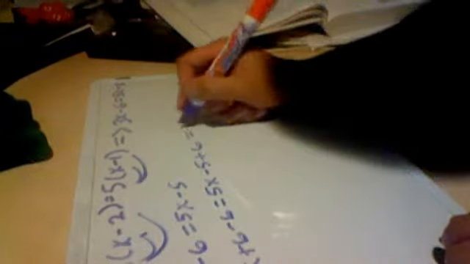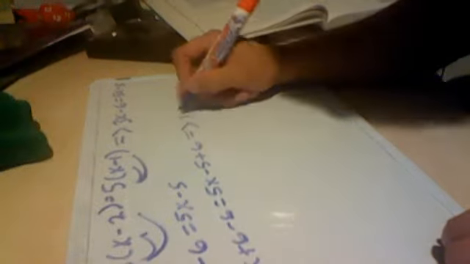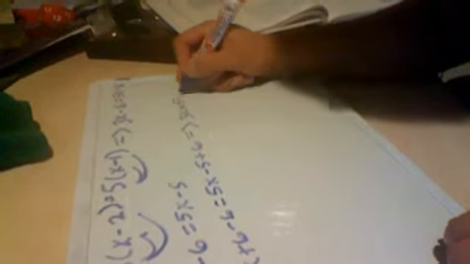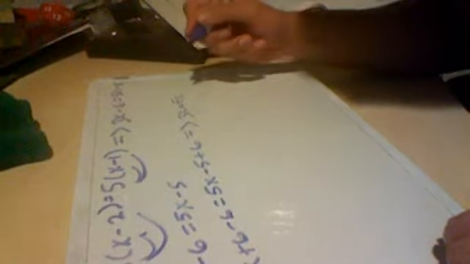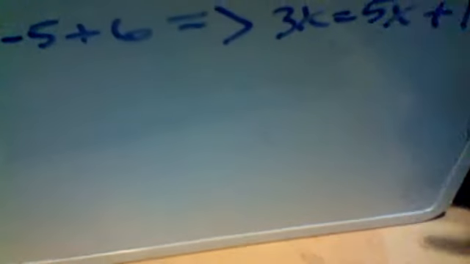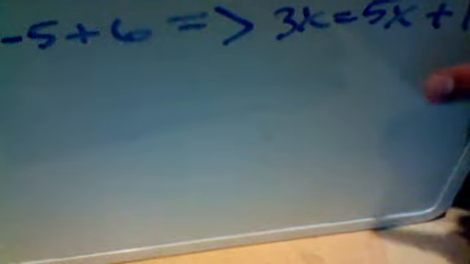We get 3x equals 5x, and minus 5 plus 6 just becomes 1. So 3x equals 5x plus 1.